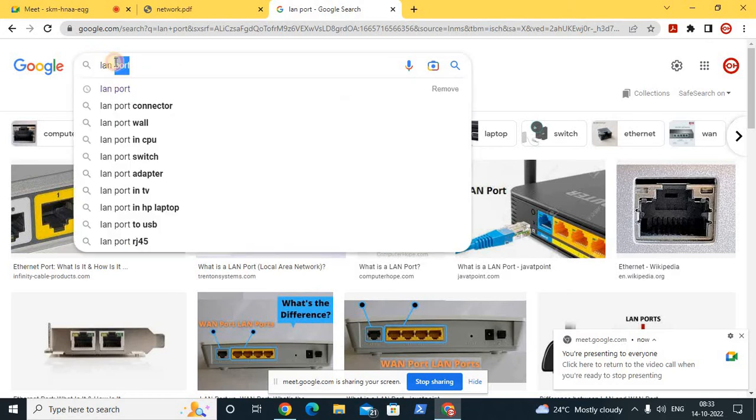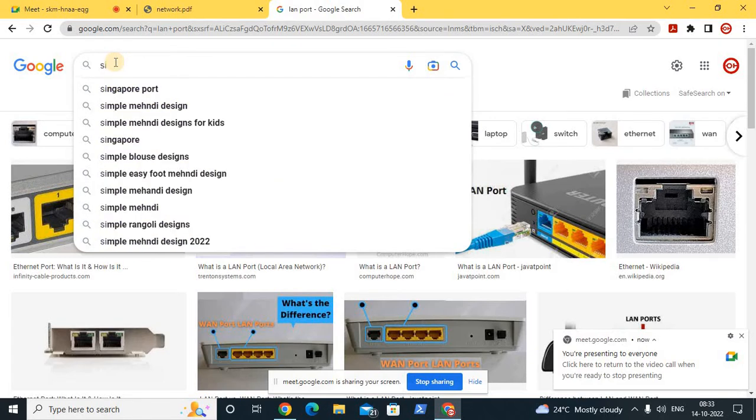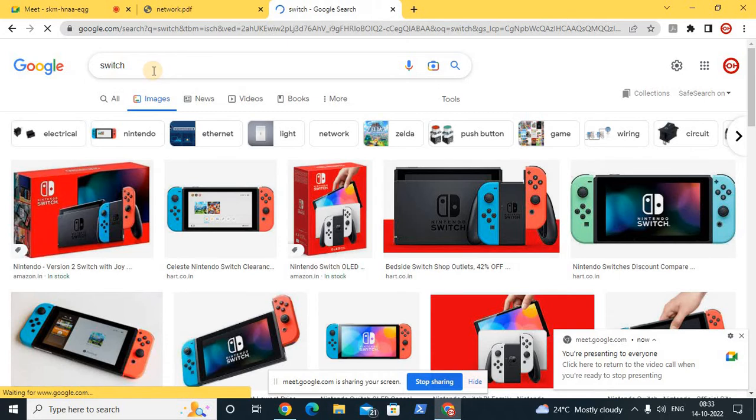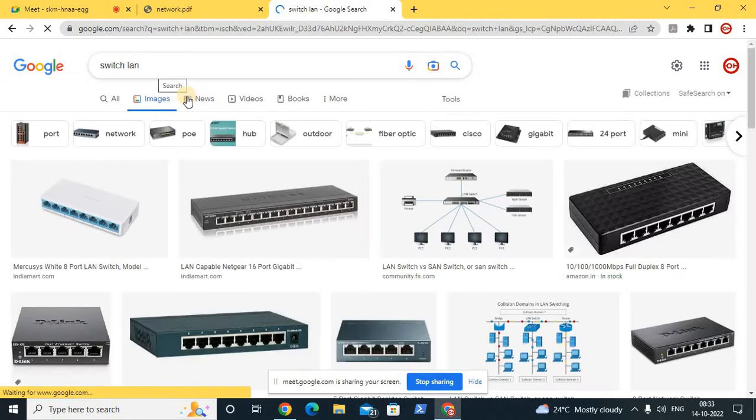When we discuss the local area network, I will show you. We'll discuss it later, don't worry about that. This is a LAN switch.